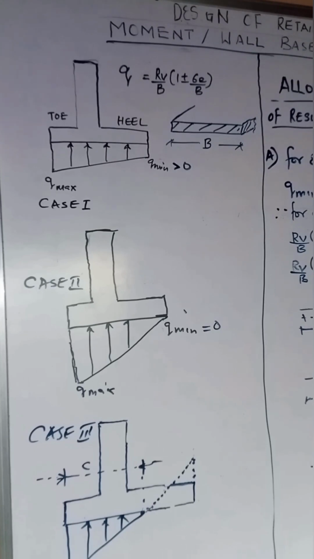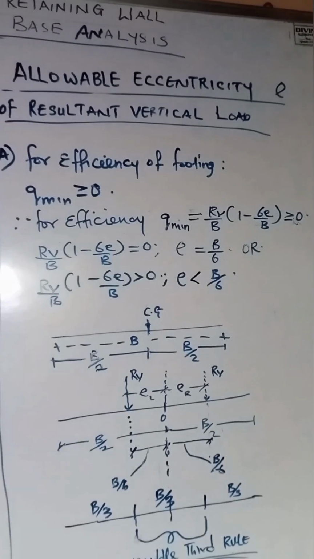Let's look at the allowable eccentricity that is needed for the vertical load. Now, the allowable eccentricity for an effective base that is very efficient and functional is a situation where we have the Q minimum either equal to 0, like we have in case 2, or greater than 0, like we have in case 1.